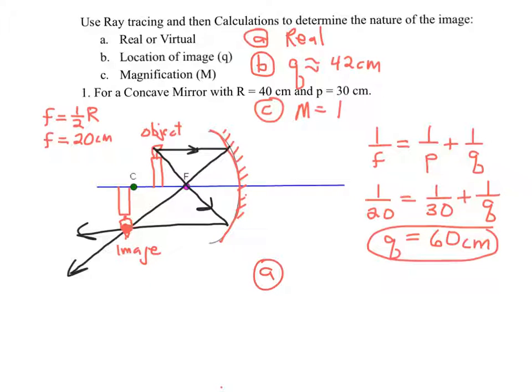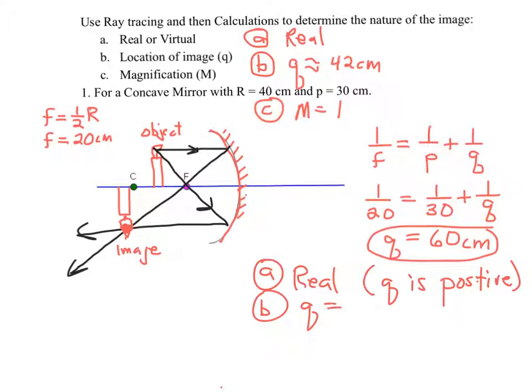Well, it's real because, just doing the calculation, q is positive. If q is positive, the image is real. So that's another way to tell if the image is real. Part B, well, part B we have q is 60 centimeters. That's the accurate location of the image if we had the perfect system and a perfect diagram.